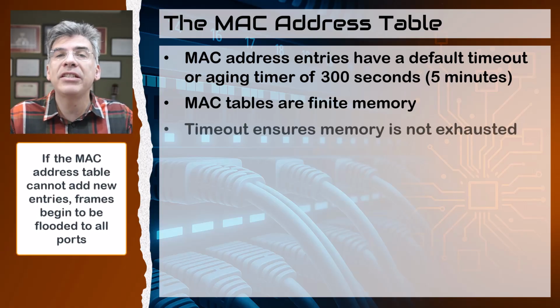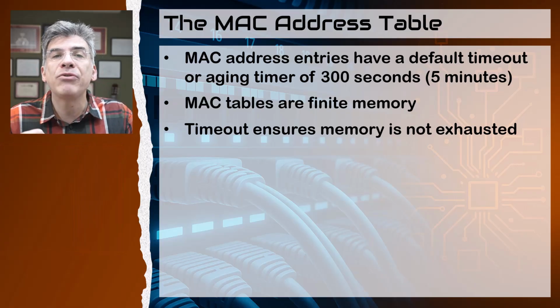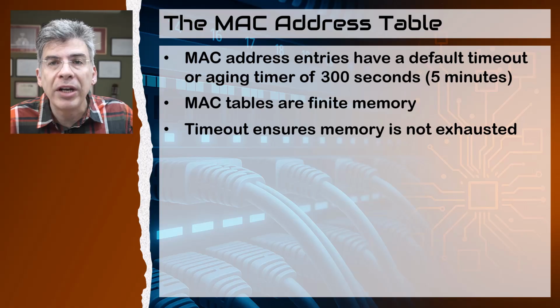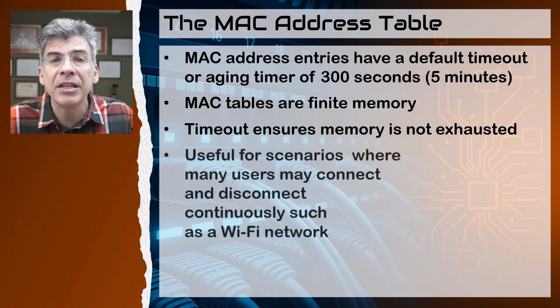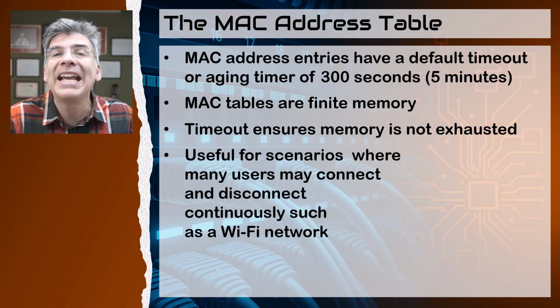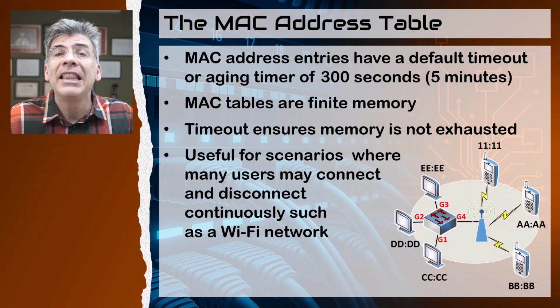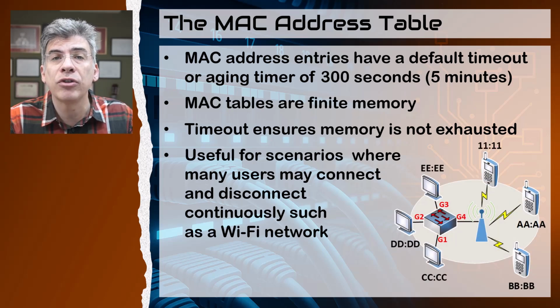So this aging timer ensures that the MAC address table, which takes up memory in the switch, does not get overflowed, especially in scenarios and environments where many users may connect and disconnect continuously, like a Wi-Fi network that may be connected to a physical switch.